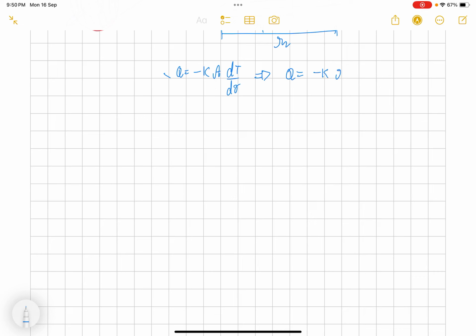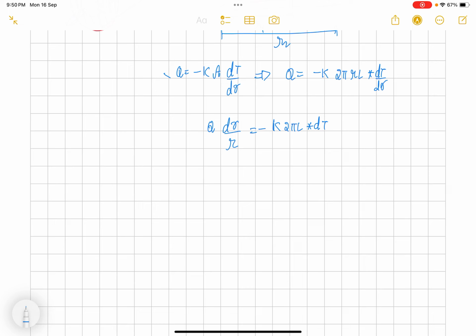Minus K 2 pi r L times dT by dr. In this case, again integrate like this: dr by r, Q equals minus K 2 pi L times dT.